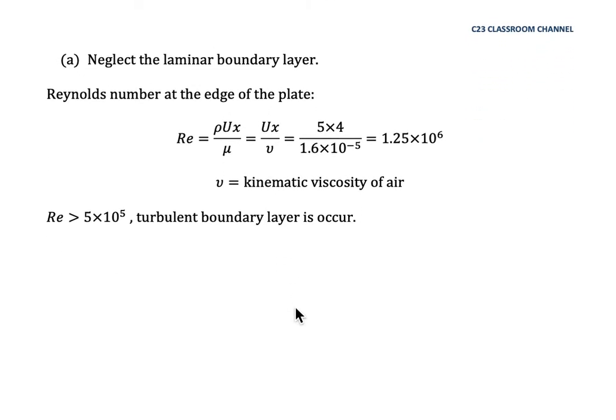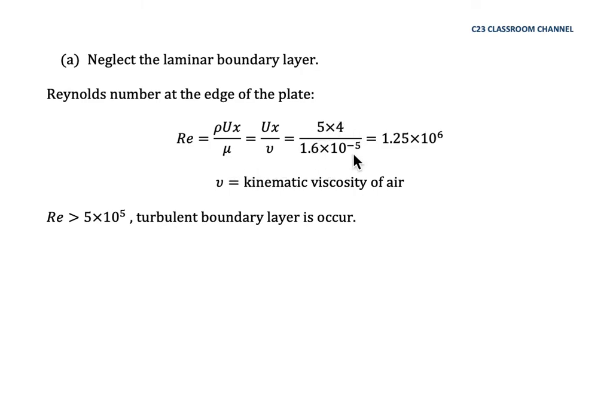So we try to solve the first question, which means we assume that the laminar boundary layer does not affect the result. Because we neglect the laminar boundary layer, first we need to check whether the Reynolds number at the edge of the plate exceeds the laminar limit or not. This is the Reynolds number equation, rho Ux over mu.